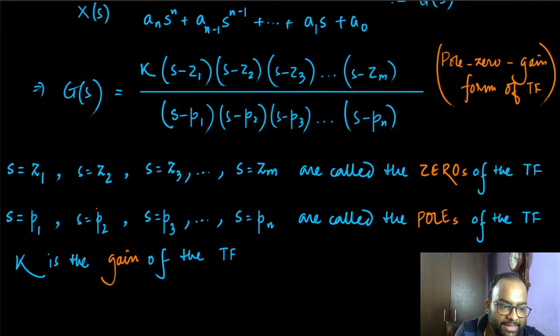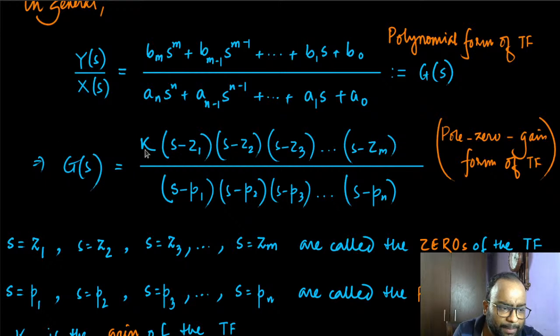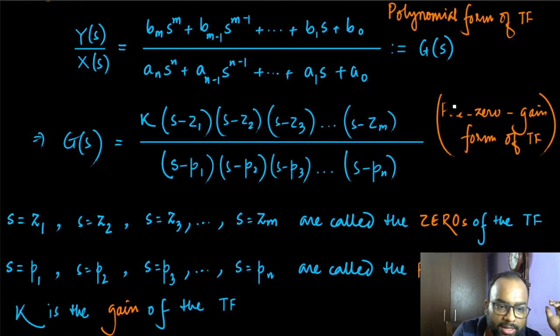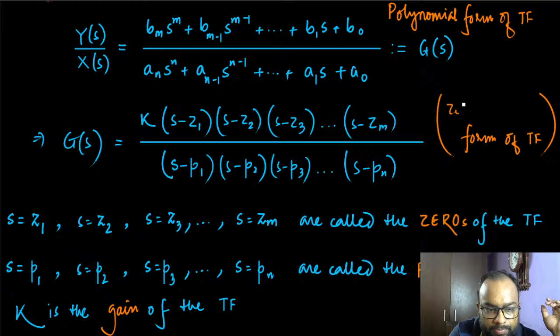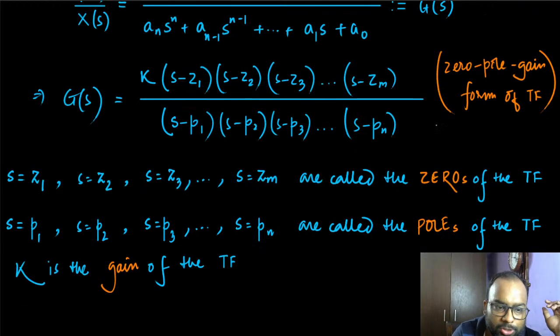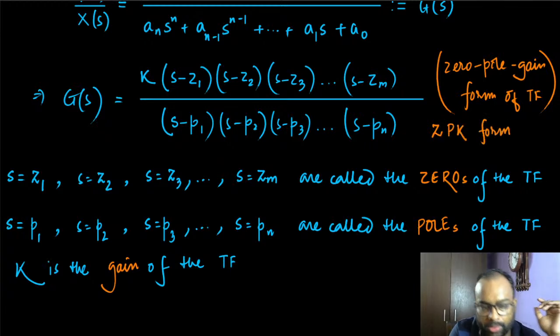Poles are represented with P, zeros are represented with Z, and gains are represented with K. Zeros actually come first in the name: it is zero pole gain, not pole zero gain. So this is sometimes called ZPK form, where K stands for gain. That's the ZPK form of a transfer function.